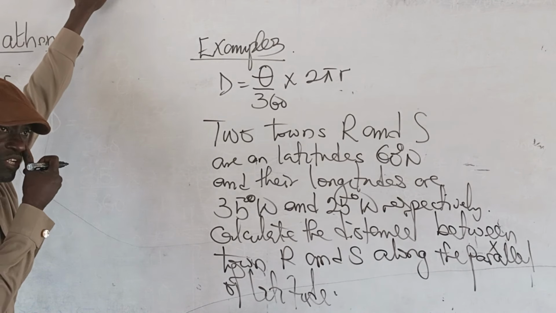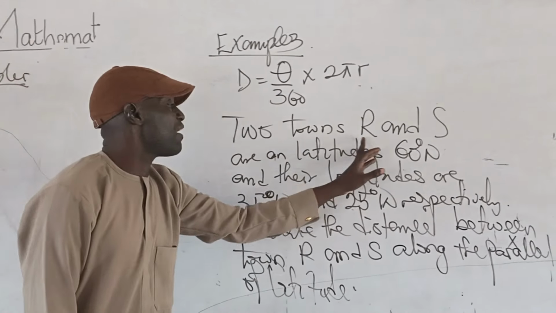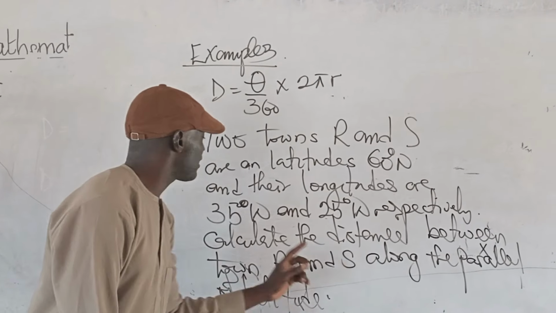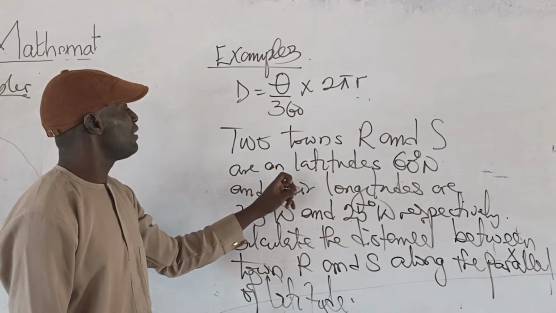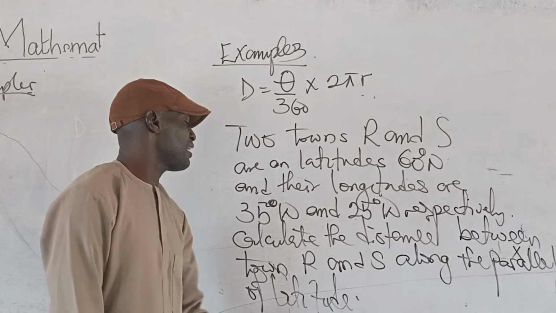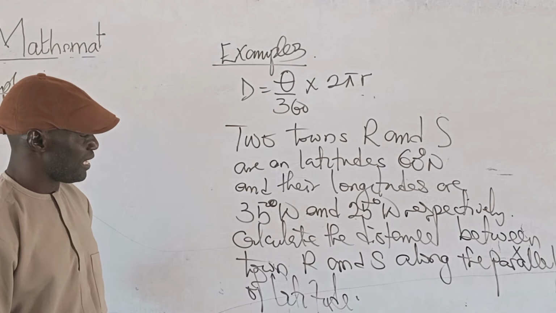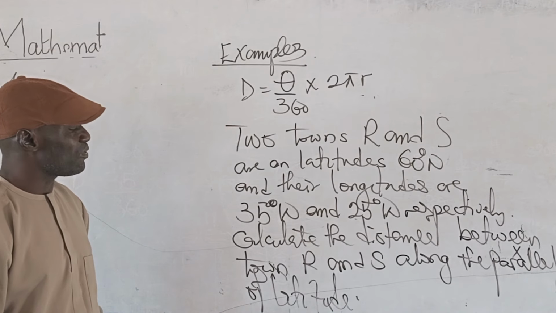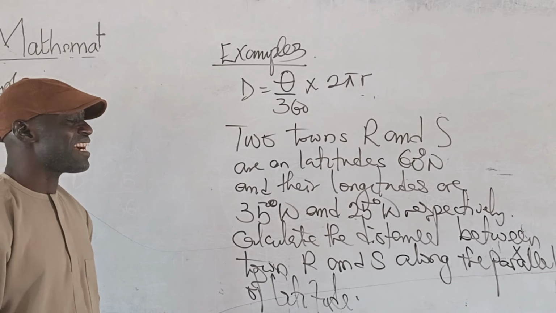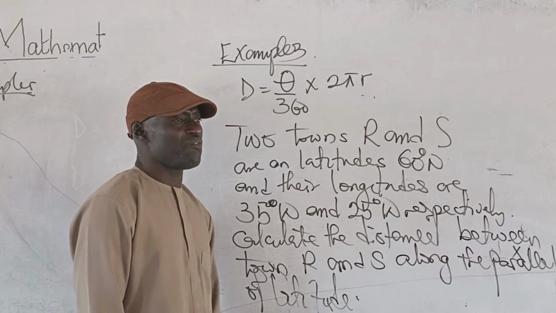Let me quickly go through the question again so that you can get the information well. We have two towns, R and X, on latitude 60 degree north, and their longitudes are 35 degree west and 25 degree west respectively. Calculate the distance between R and X along the parallel of latitude.